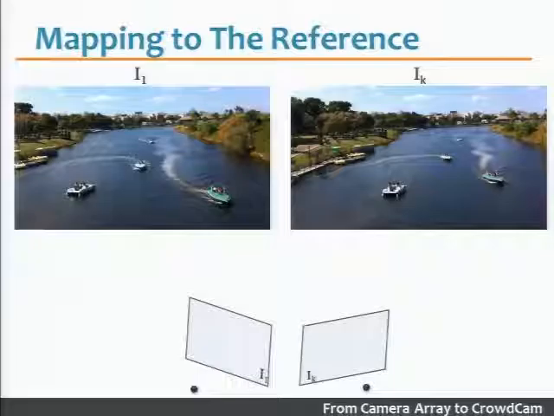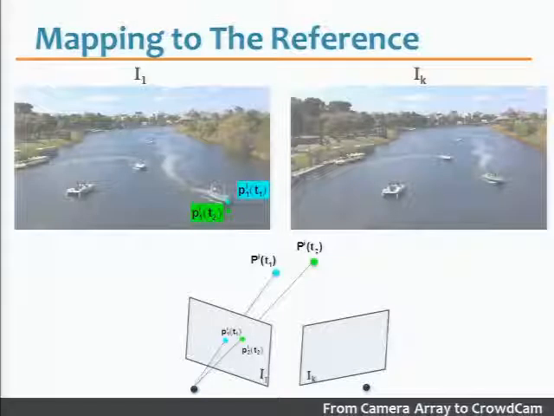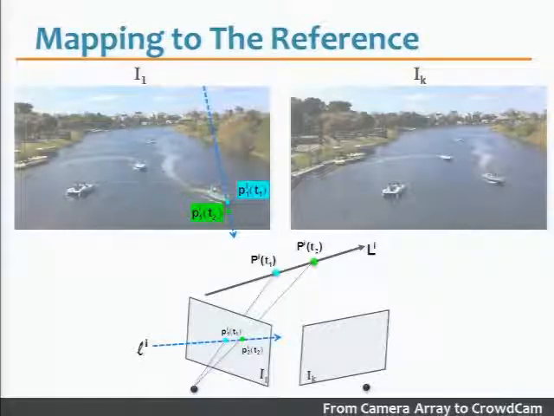For example, if we have 2 images and I1 is the reference, we have the projection of a 3D point at time t1 to image I1. I assume we have the same location approximately at different time steps, so I also have one more projection at time t2.